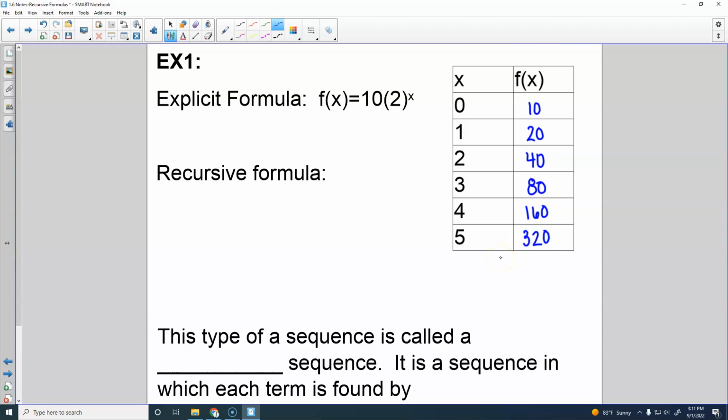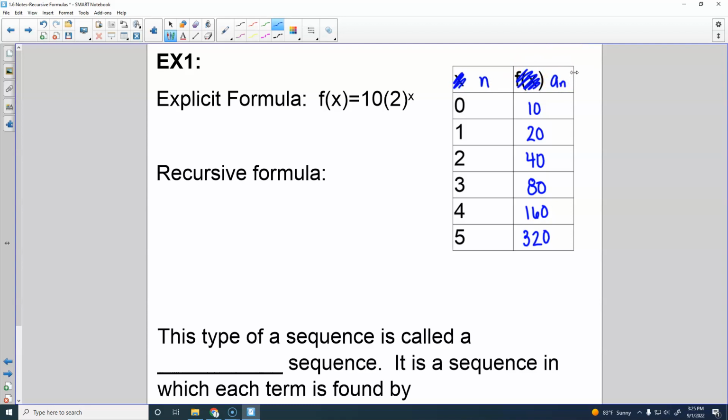320. So a lot of times whenever we're dealing with these types of formulas, we actually don't use x and f of x notation. Instead, we will refer to our x as the n and our f of x as the a sub n.